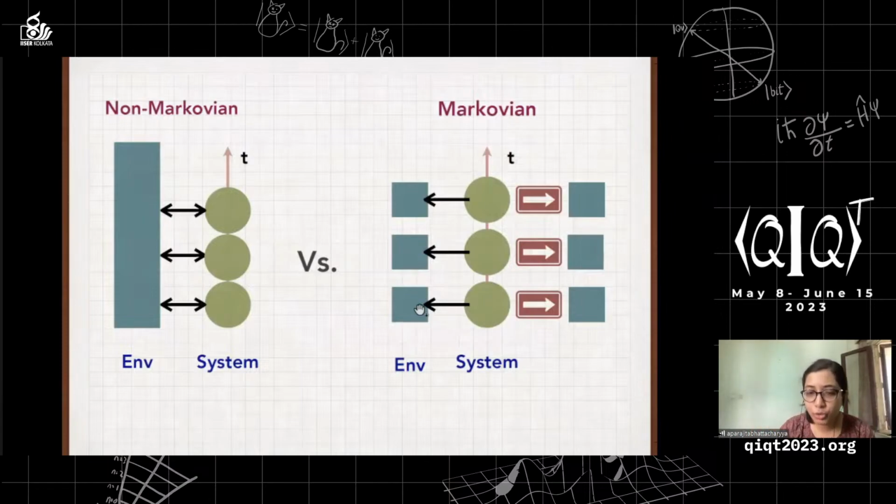And this time is so small that we may assume that the information that flows from the system to the environment, the environment forgets. So there is no information backflow from the environment to the system. So this is a particular, very restrictive condition under which we consider Markovian dynamics.